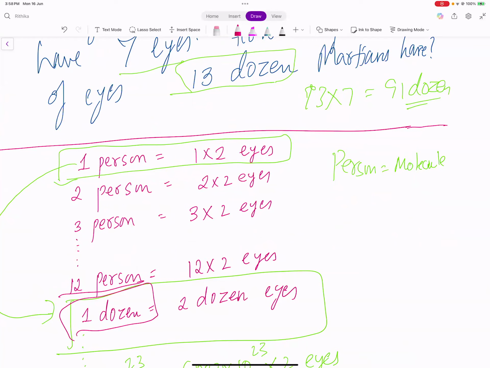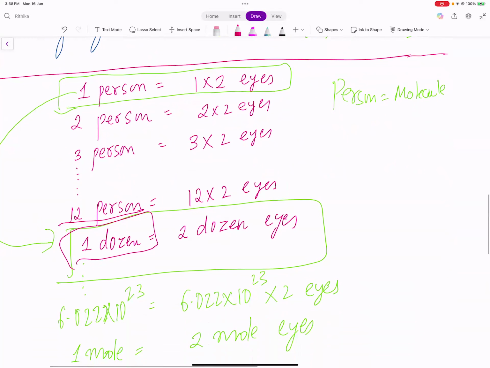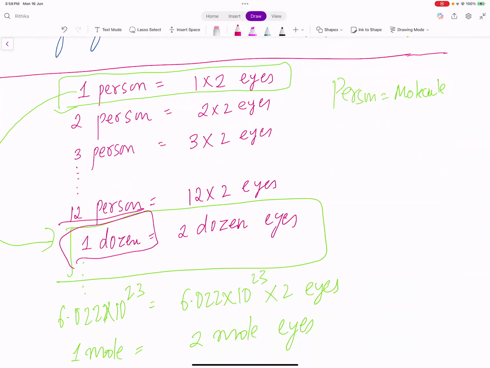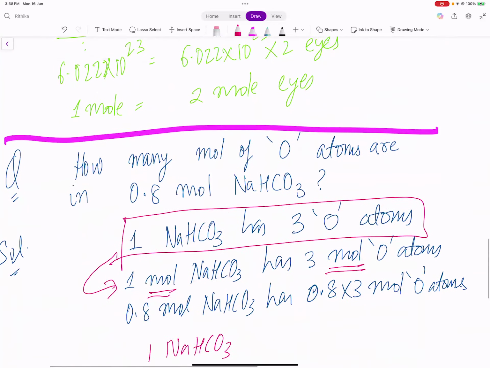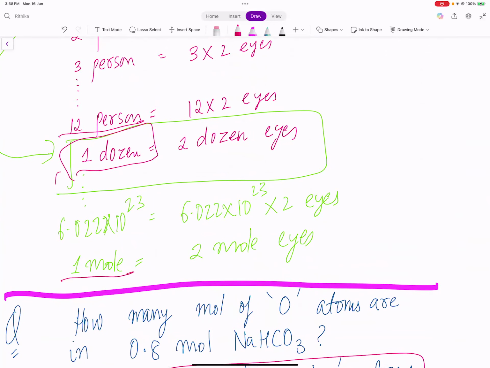Because one person had two eyes, I can simply multiply, and I can go on till mole. So mole also will be the same, right? Instead of dozen, we have written mole. Got it?